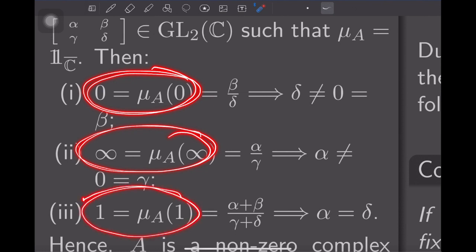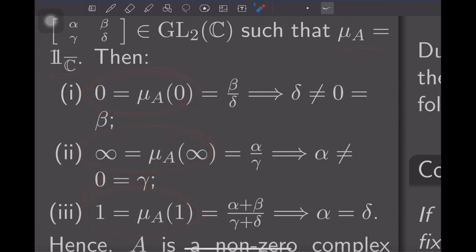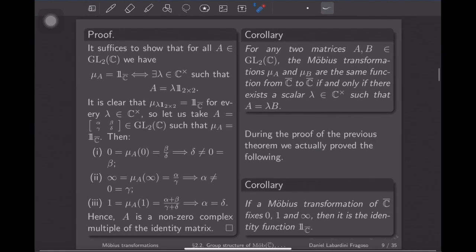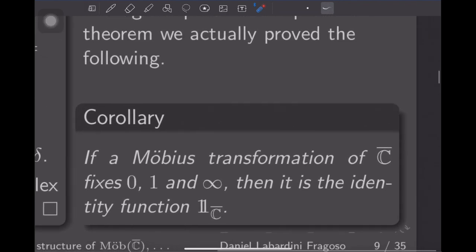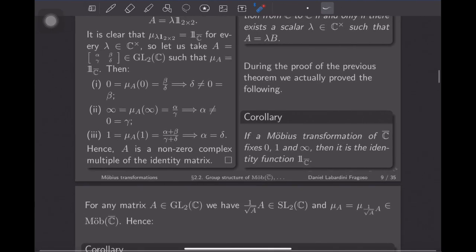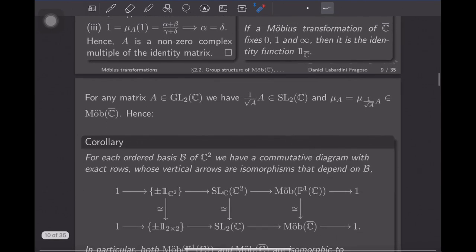And then I could deduce that A was a non-zero multiple of the identity matrix, and that implies mu of A is equal to 1. So somehow this property can be deduced already from just fixing these 3 points. Right? So I write it as an observation, as a corollary: if a Möbius transformation fixes 0, 1, and infinity, it is automatically the identity function. Okay. All right.